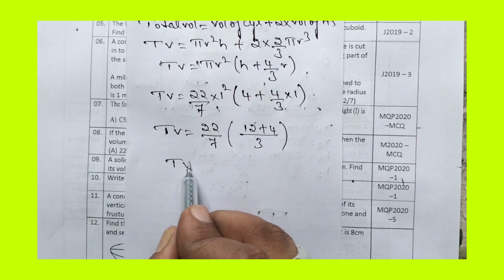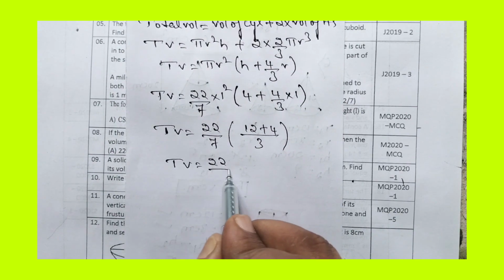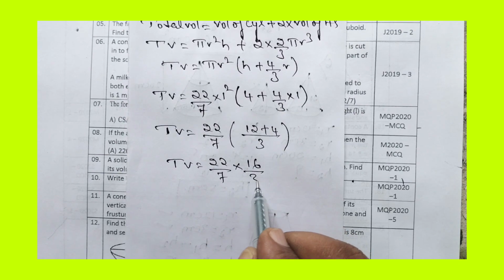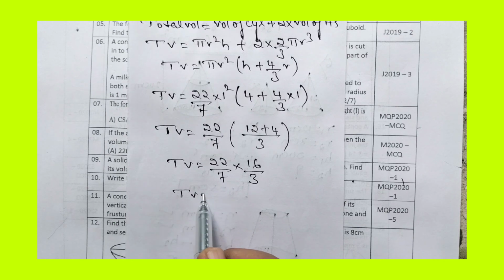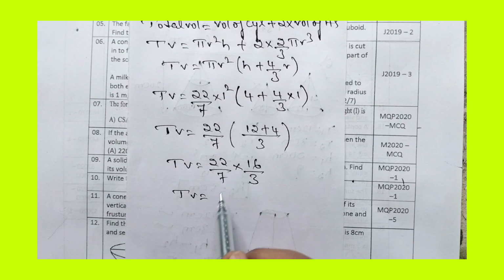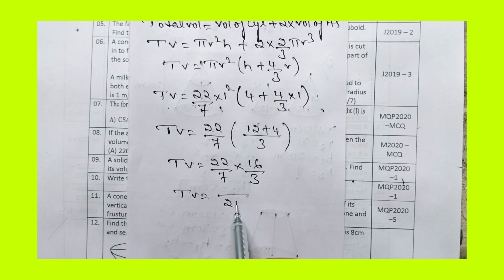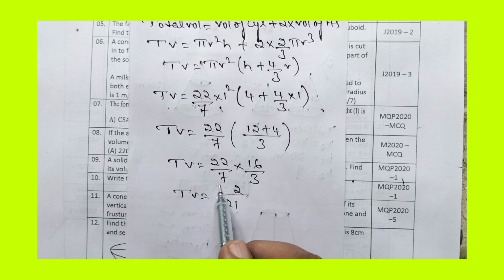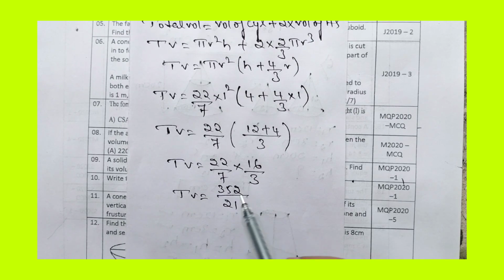So total volume is equal to 22 by 7 into 12 plus 4, that is 16 divided by 3. Multiplying, denominator 7 3s are 21, numerator 16 22s are 352.